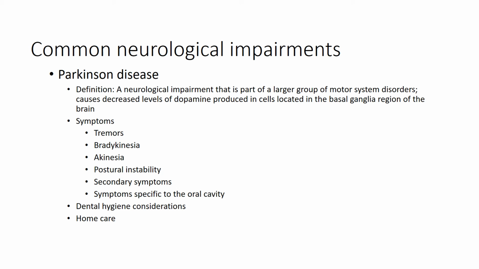Another fairly common neurological impairment, and we do have patients that we see in the hygiene clinic that have these things, is Parkinson's disease. This is a neurological impairment that is part of a larger group of motor system disorders. It's caused by decreased levels of dopamine produced in cells located in the basal ganglia region of the brain.